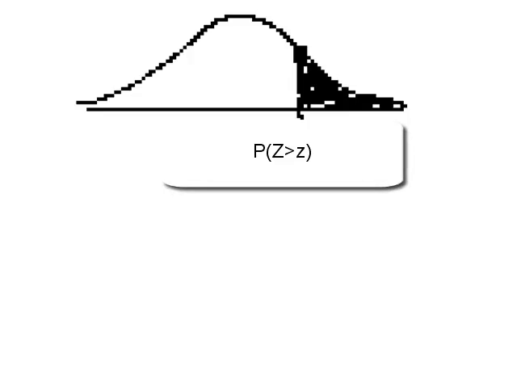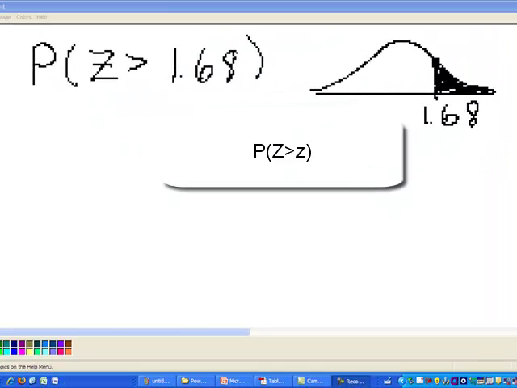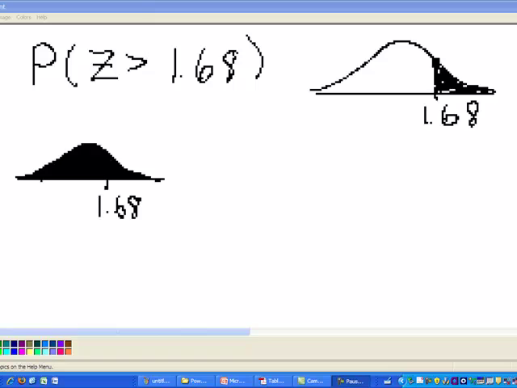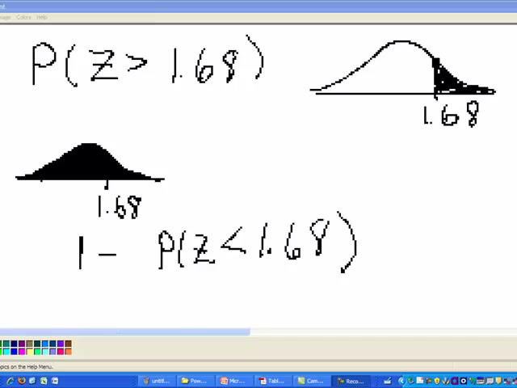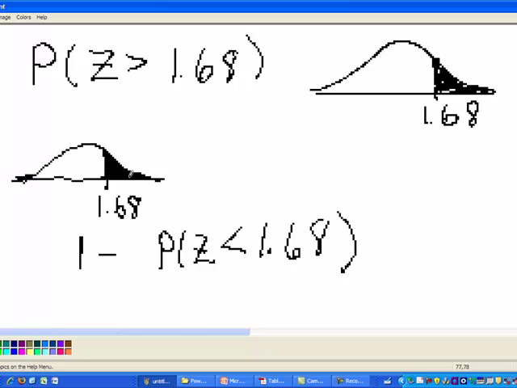So let's see what we mean by that. We want to take the whole area, this area right here. The area under that graph is 1, and we want to subtract off everything less than 1.68. So basically that means take all of this area there, and subtract it off. And what will we be left with after we take that area off? The area that we wanted.